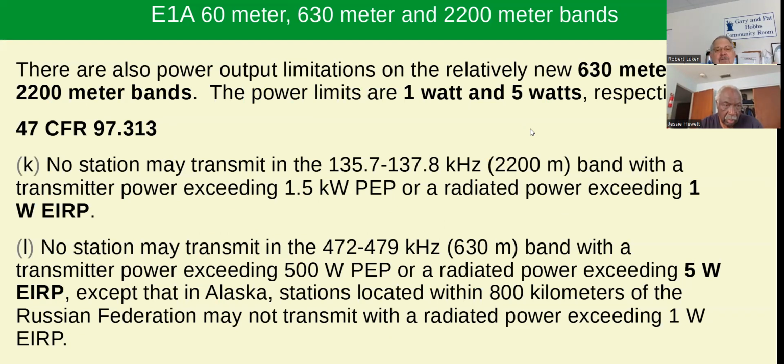Okay, so now we got the newer 630 and 2200 meter. Anybody been there? It takes kind of a long wire, doesn't it? Or a good tuner. And you can have 1 watt on 630 and 5 on 2200.